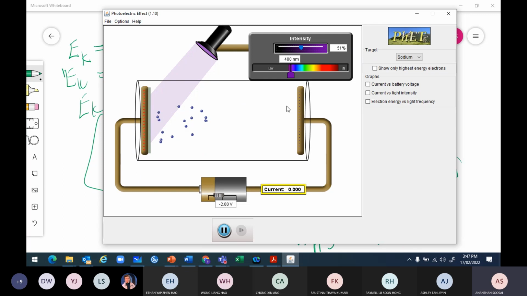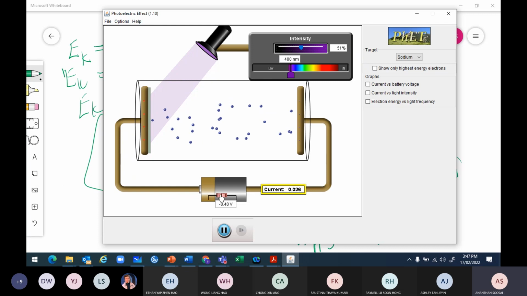Now it's -2 here. I want to find the stopping potential for this plate, to find the kinetic energy of the electron. So first I slowly reduce it. Now 1.6, I make it negative. I put -0.4, current still 0.036, which means the electron is still reaching the plate.